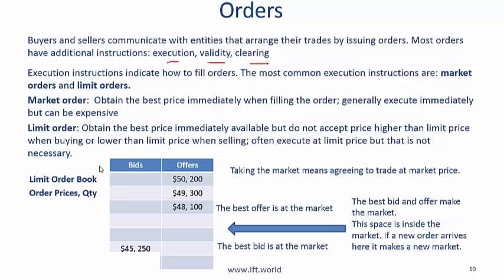With a limit order, you tell the broker the following: obtain the best price immediately available, but do not accept any price higher than the limit price when buying or lower than the limit price when selling. These are often executed at the limit price, but it is not necessary. So if a stock is currently at 50 and you put in a limit buy order, what does that mean?